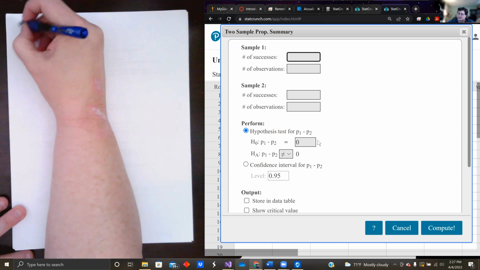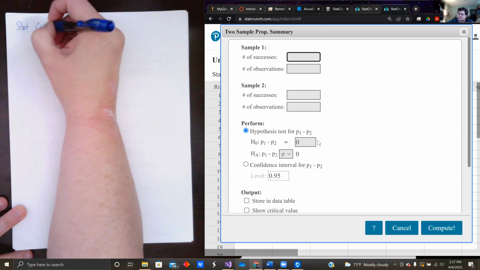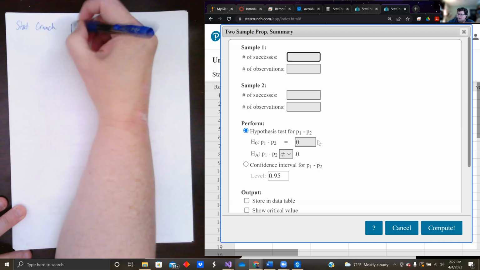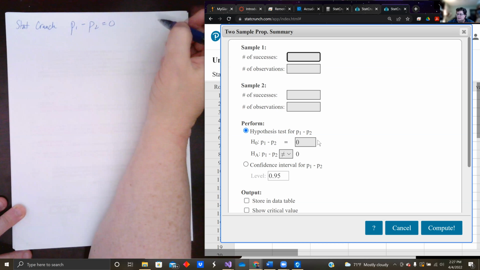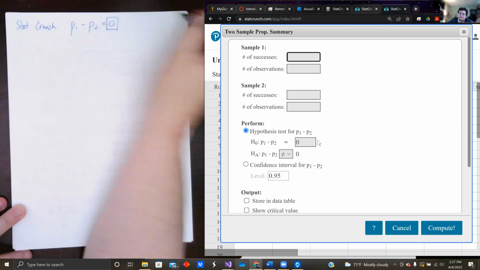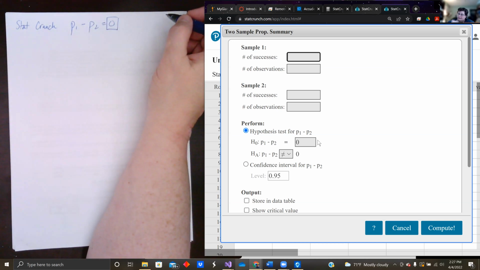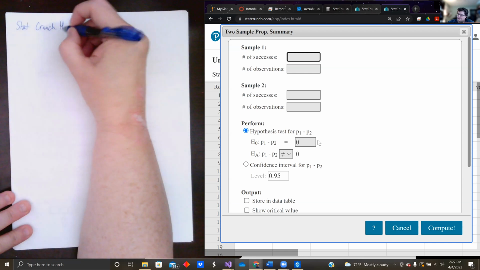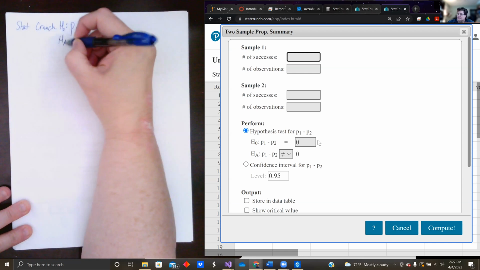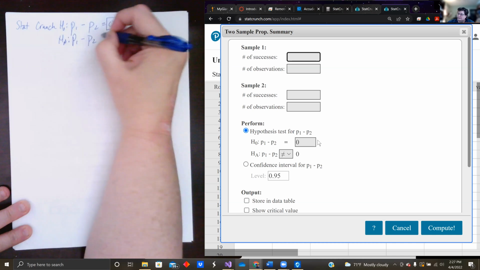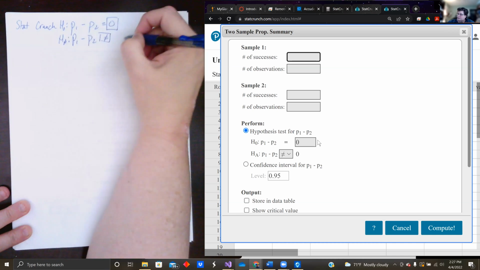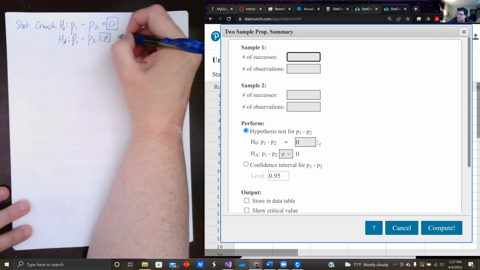So StatCrunch asks for P1 minus P2 equal to 0. Notice 0 has a box, and that's our H0. And HA, the thing that has a box here, is of course the sign. All right, we're going to do not equal, and then we've got 0.